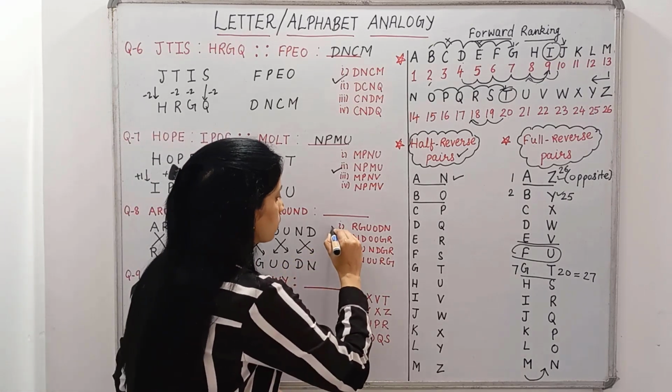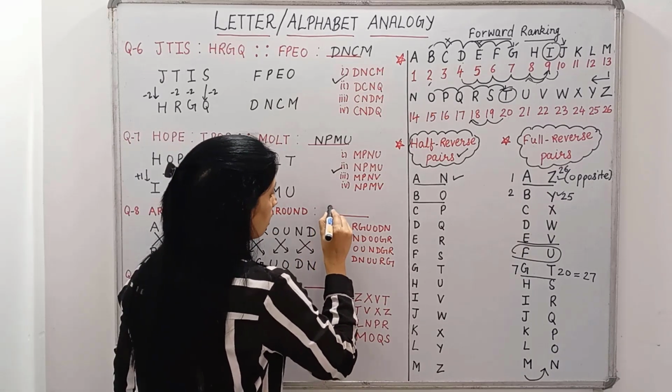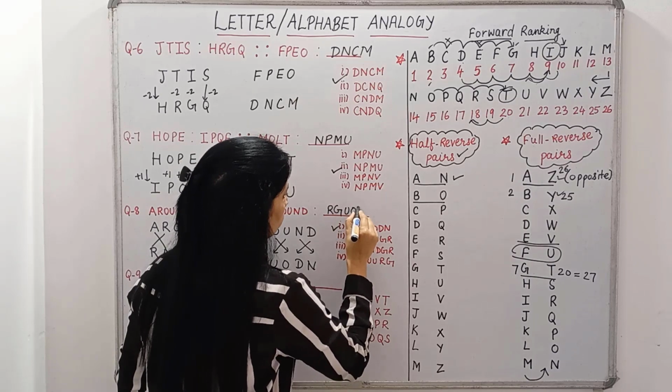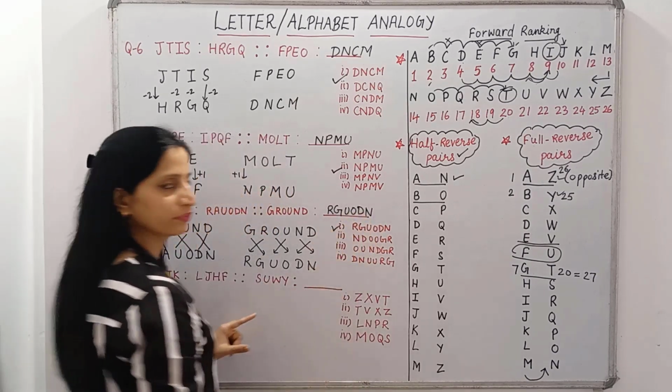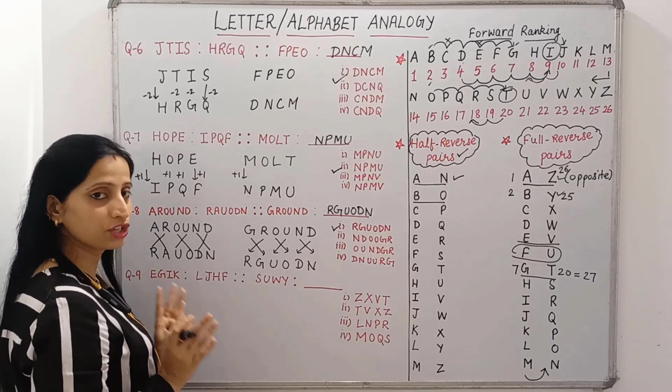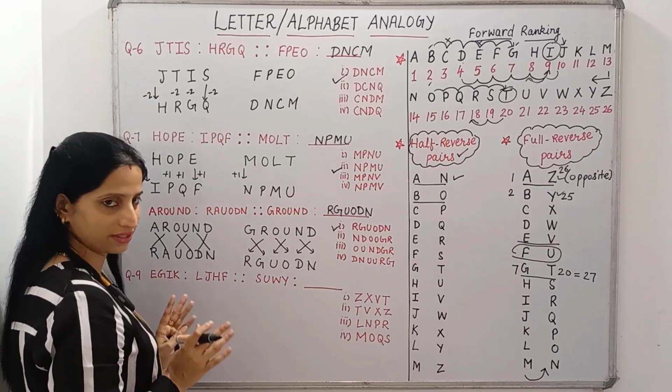So this is our first option given here. RGUODN. Okay, so these are very easy questions. You have to just find out the relationship in the given pair.